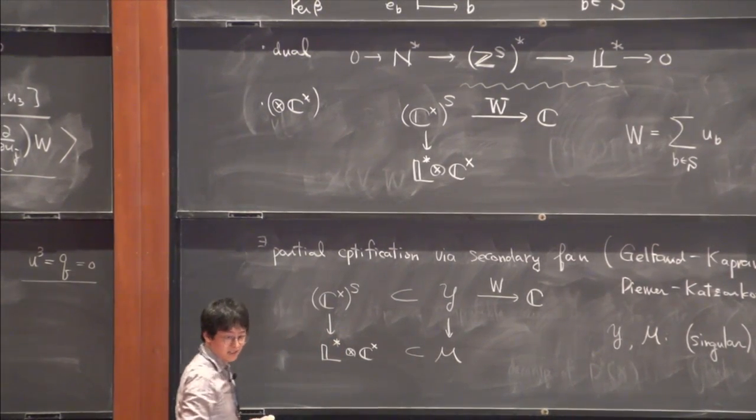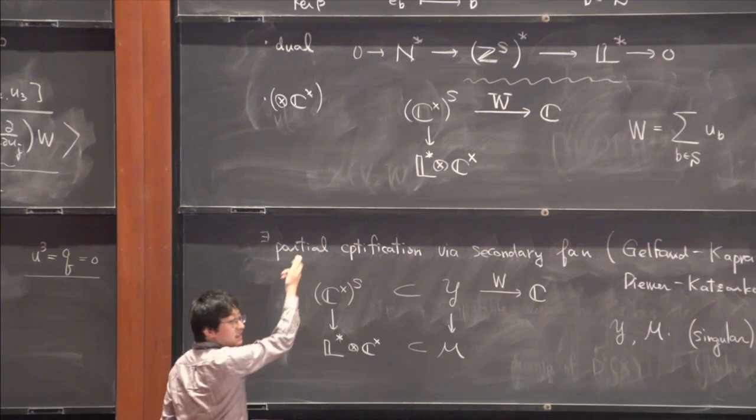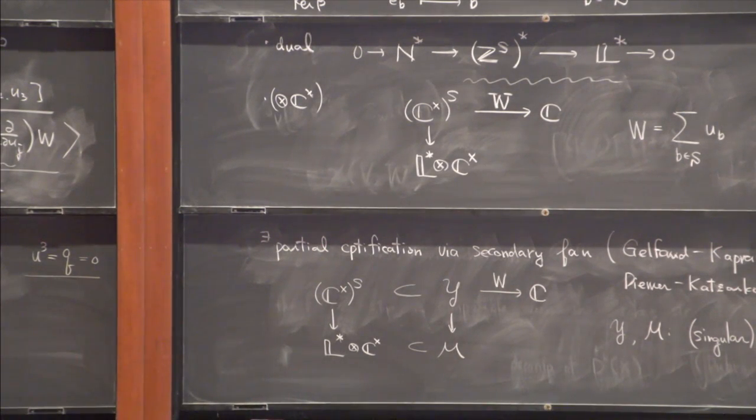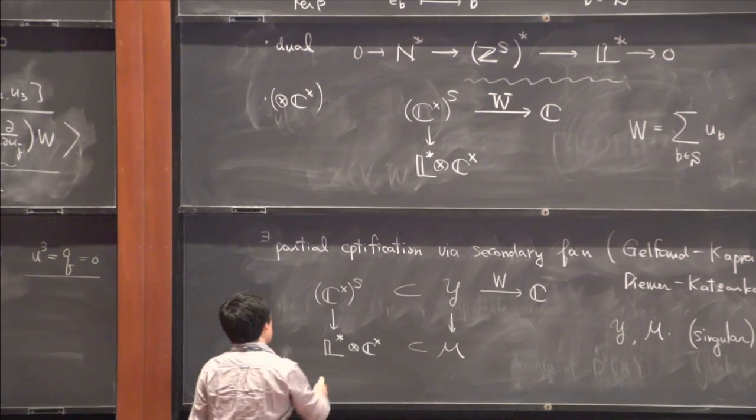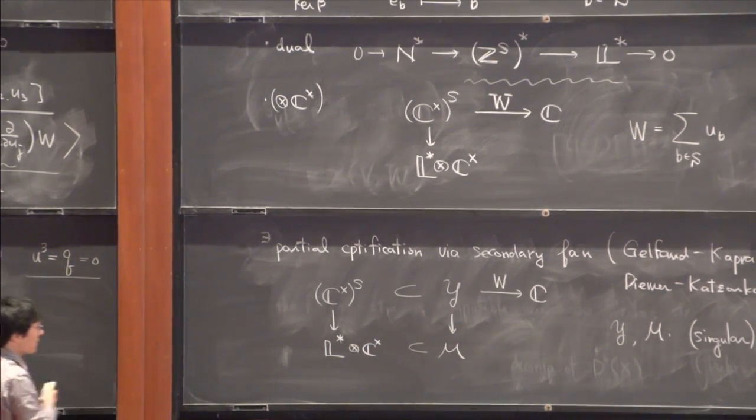Away from where you compactify, all fibers are the same. It's just a torus, N star tensor C star. So this is just a trivial family of tori, compactified.